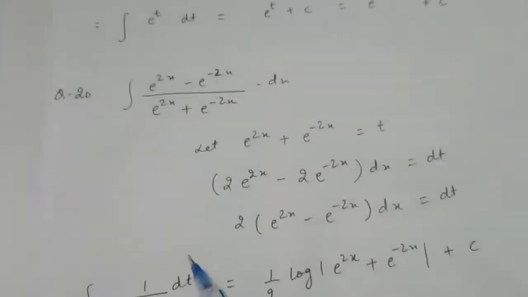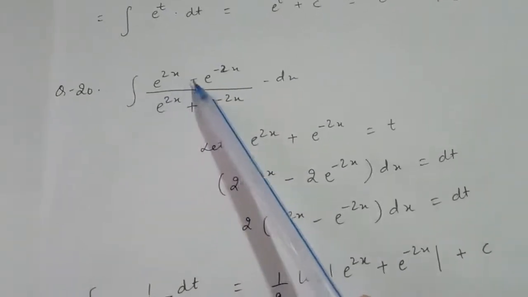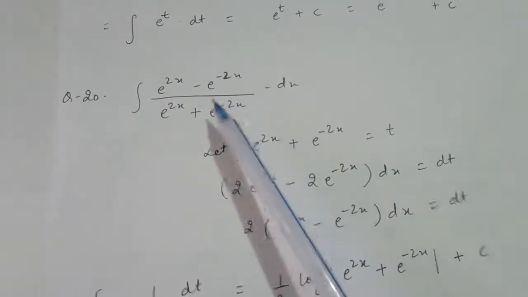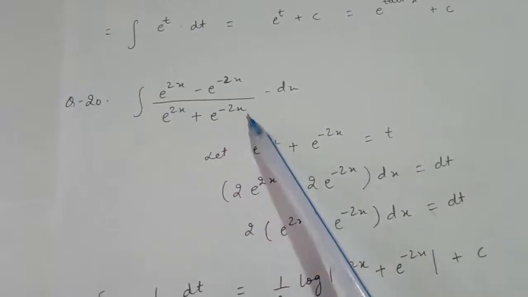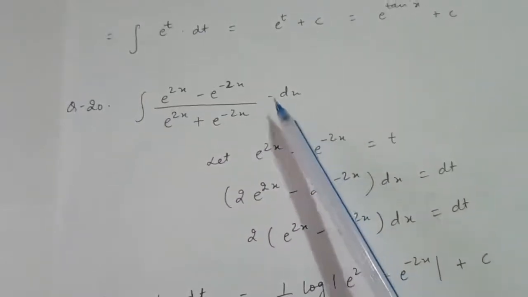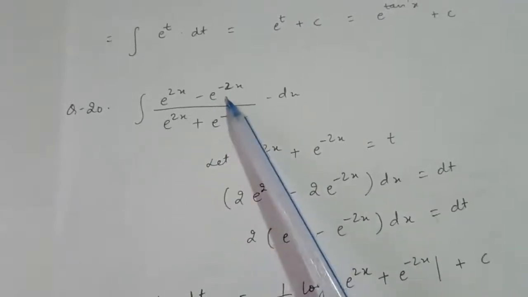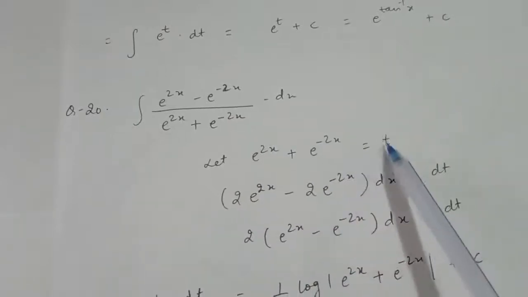Now next question number 20th is integral of e raised to the power 2x minus e raised to the power minus 2x upon e raised to the power 2x plus e raised to the power minus 2x into dx. Now you can see that the derivative of the denominator is the numerator only, right? Therefore we will take the denominator as equal to t.